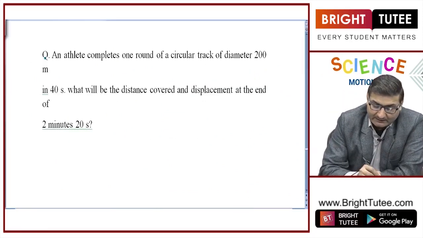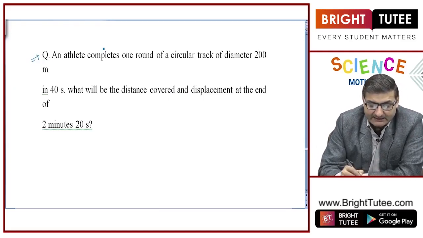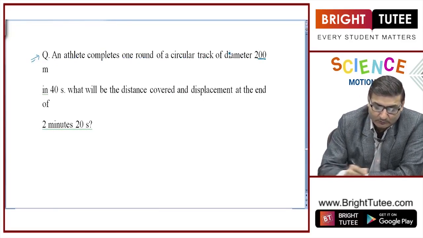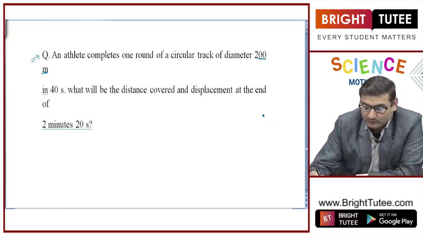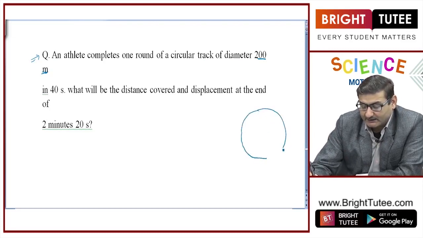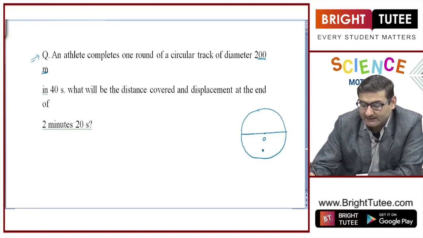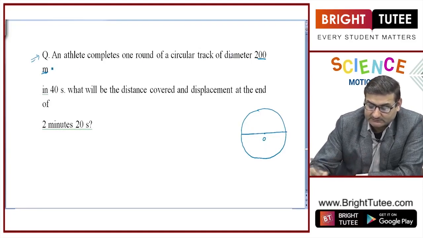Alright, let us see. An athlete completes one round of a circular track of diameter 200 meters. So let us take a circular track, and let this be the center O. The diameter of this circular track is 200 meters.